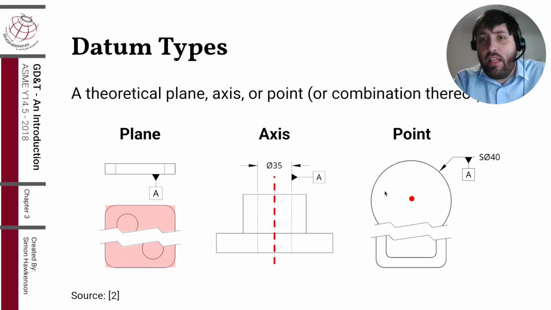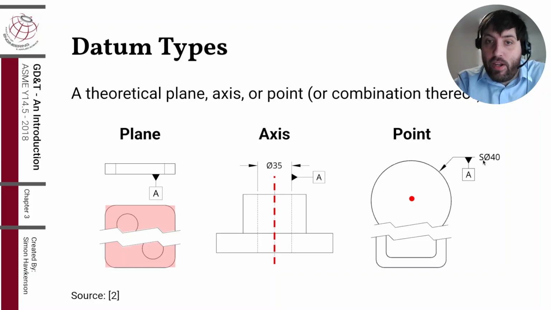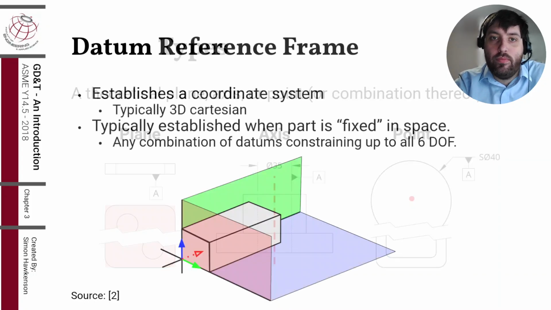It can be a plane, an axis, or a sphere, and it really just depends on where you apply your datum feature callout. And by the way, you'll notice that the dimension for the sphere contains an S before the diameter symbol. That indicates it's a sphere. All right, moving on.